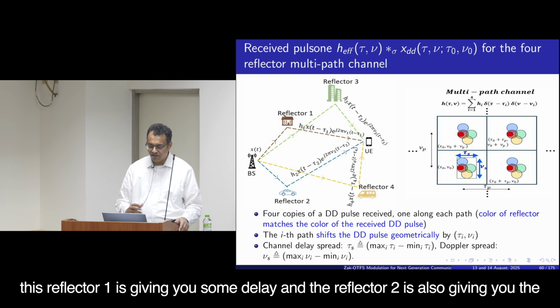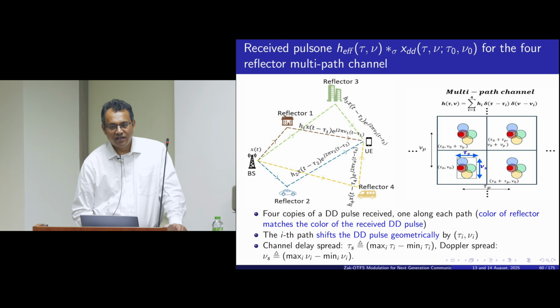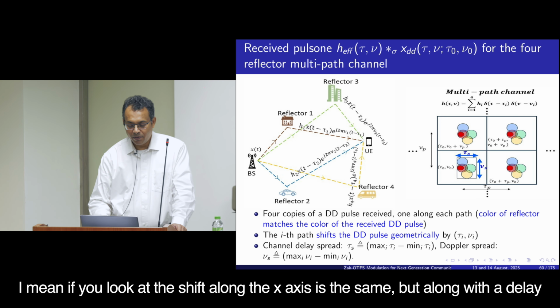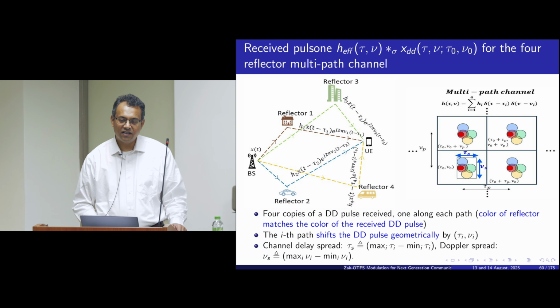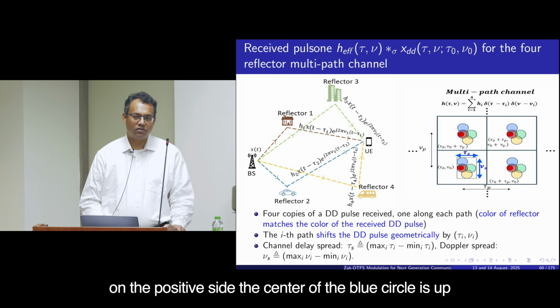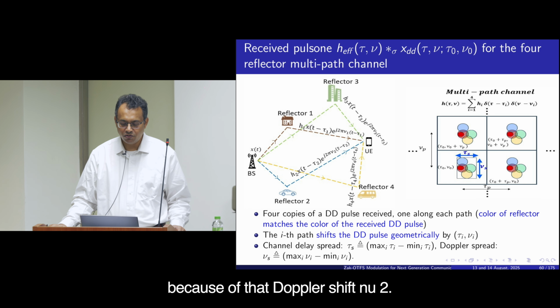This reflector 1 is giving you some delay, and the reflector 2 is also giving you the same delay. If you look at the shift along the x axis, it is the same, but along with the delay, the blue one is also giving you a Doppler shift, and that is why the center of the blue circle is up, because of that Doppler shift nu 2.